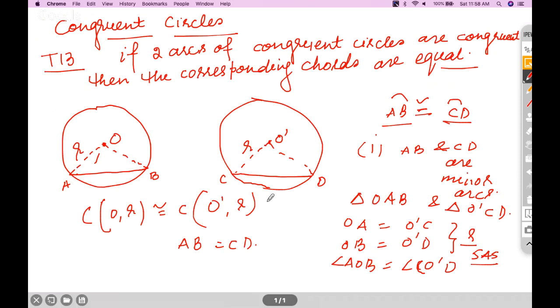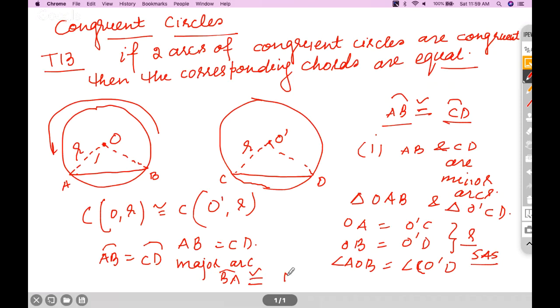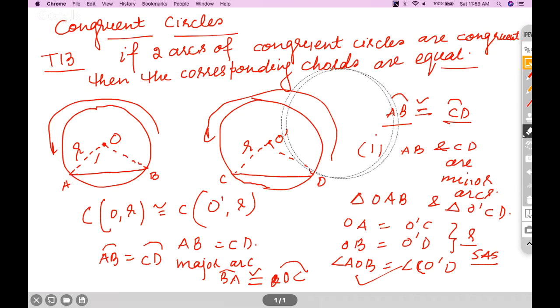Similarly, for the major arc, you can take it on the other side, and you can do so. In that case also, arc AB is equal to arc CD. For the major arc, you can write arc BA, opposite from here to here, is congruent to arc DC, and everything remains the same, and you can prove it the same way. So that's how you have to prove this.